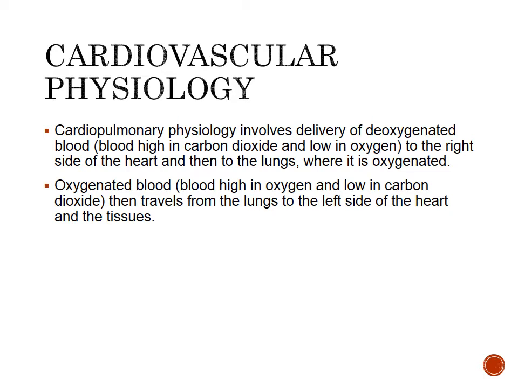Now a little bit of cardiovascular physiology. The cardiac system, we know, delivers oxygen, nutrients, and other substances to the tissues by the process, of course, of circulation, and facilitates the removal of cellular waste. All of this is done through our blood flow, and the two systems that take a big role in this are obviously our respiratory and our cardiac.